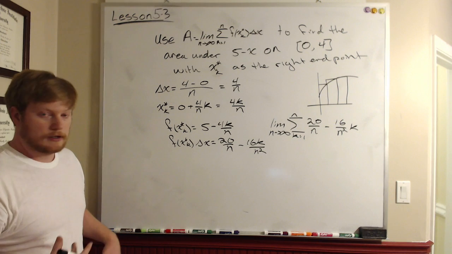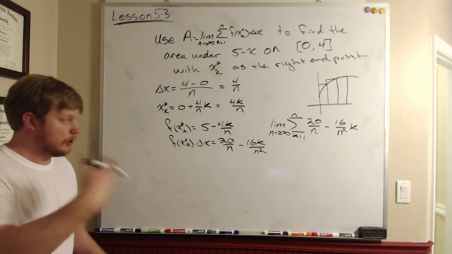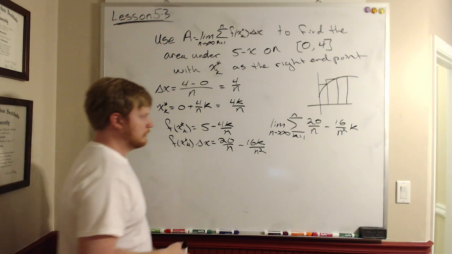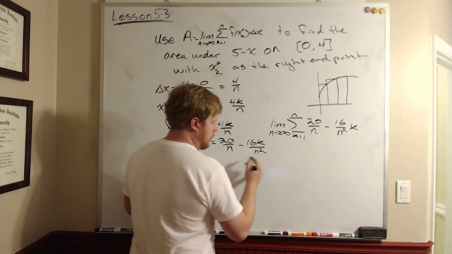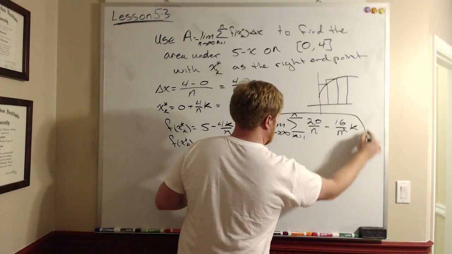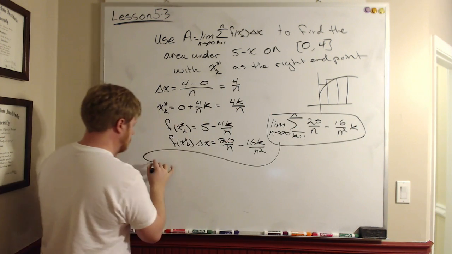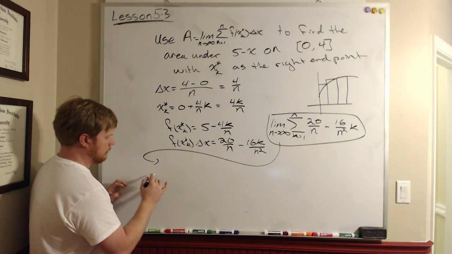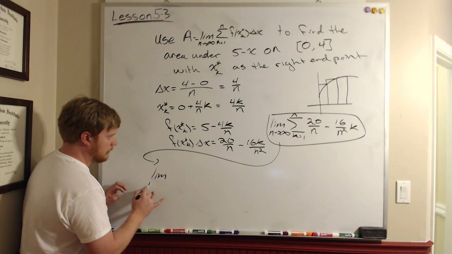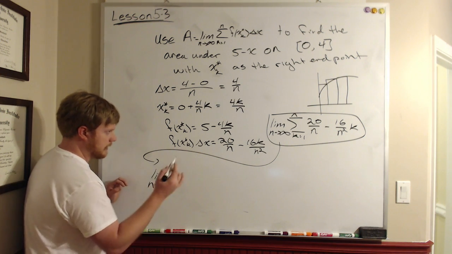And just like I did before, I'm going to break this up into two summations. I'm going to pull out the things that are constant, the things that aren't being incremented, and just sum up the things that are being incremented. That's the k's.